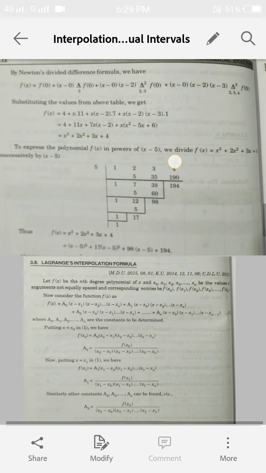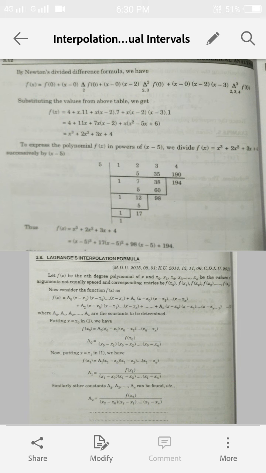Now to convert this polynomial into powers of x minus 5, we divide it by 5 using the method of synthetic division repeatedly. When we divide it by 5 the first time, we are left with remainder 194. In the second step the remainder will be 98, in the third step 17, and last we obtain 1.